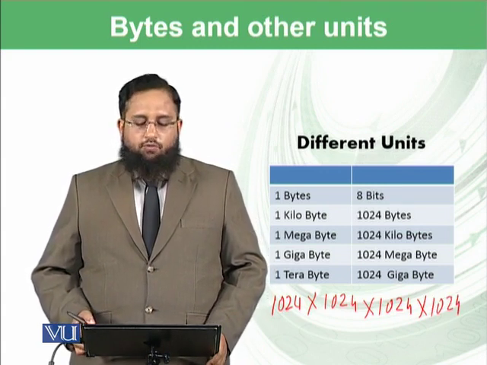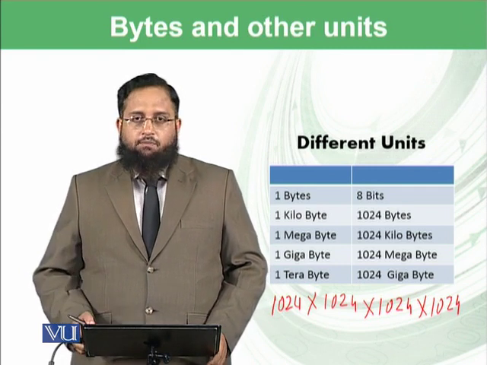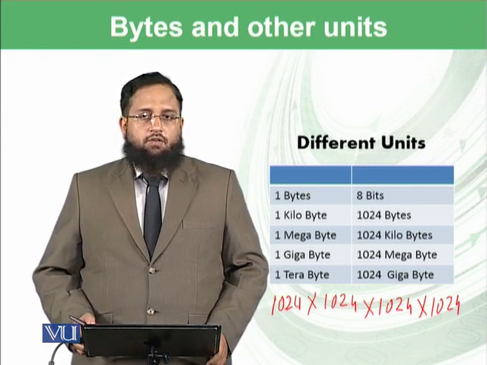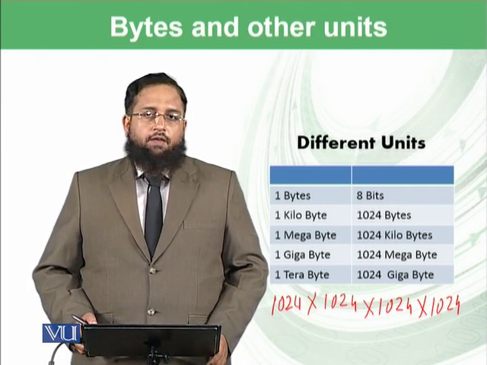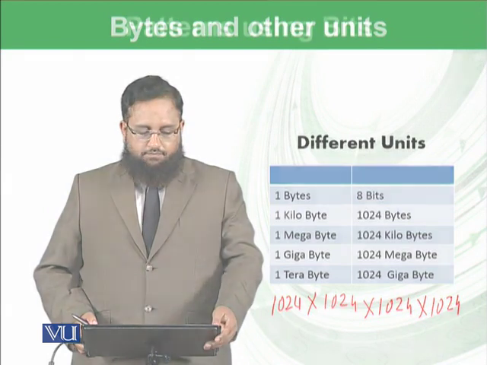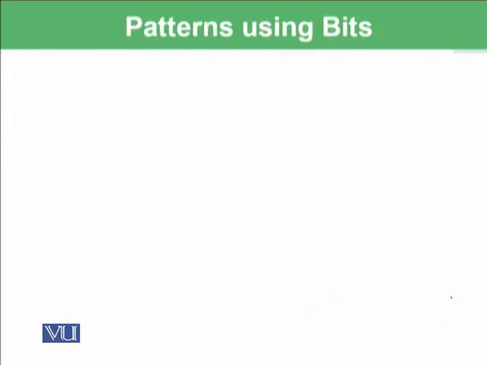So if you multiply all of these numbers, you will get the number of bytes in your hard drive which can be saved.